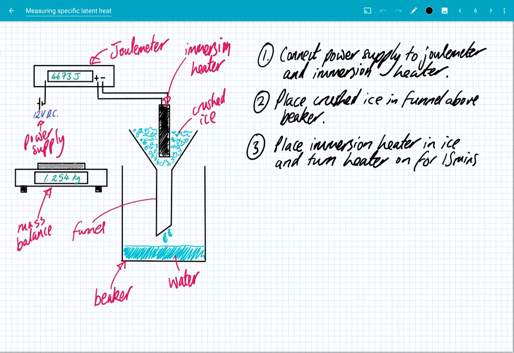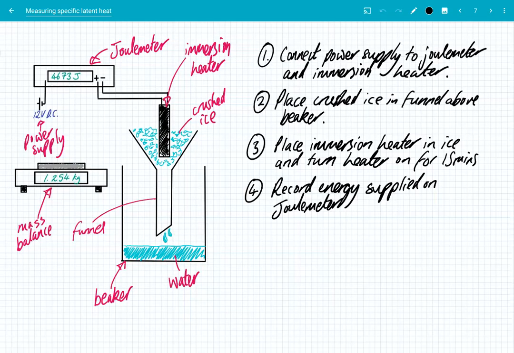Step 3, we're then going to place the immersion heater inside that crushed ice. And then we're going to turn the power supply on and turn that immersion heater on for maybe 15 minutes. You could do longer or even shorter, just enough time to melt a substantial amount of the ice into water.